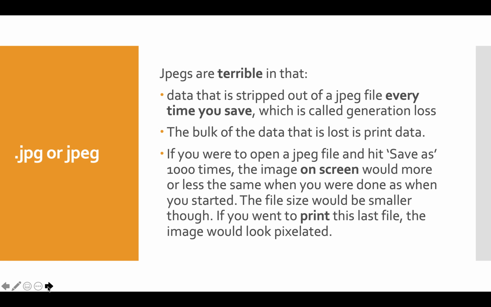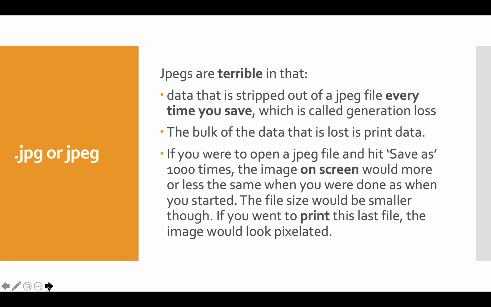So that means that if you opened up a JPEG and you hit save as, say you did this 1,000 times, 100,000 times, it's not going to look visibly different to you. Not perceptively, not if it's a decent size image that you start off with.